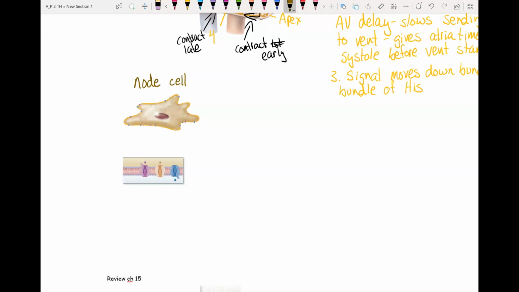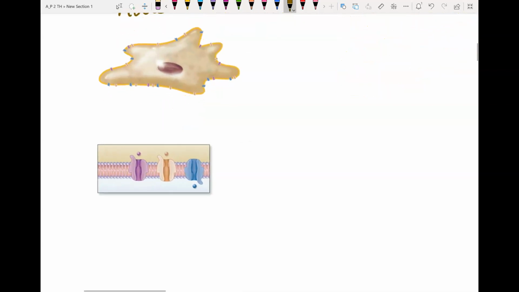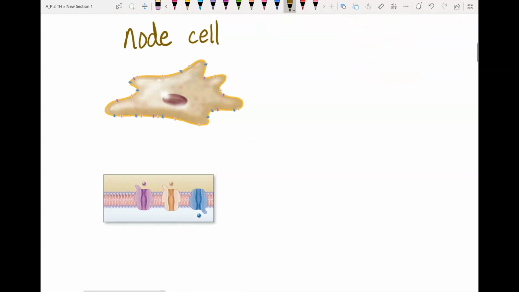Remember when you learned about neurons and how you have a resting membrane potential, and then sodium comes in and it raises the voltage, and potassium goes out and lowers the voltage? We have the same thing here. We're just also adding in calcium. So you can see here on your nodal cell, you have all these gates, right? You can see them all along here. You have gates, just like you had in your neuron.